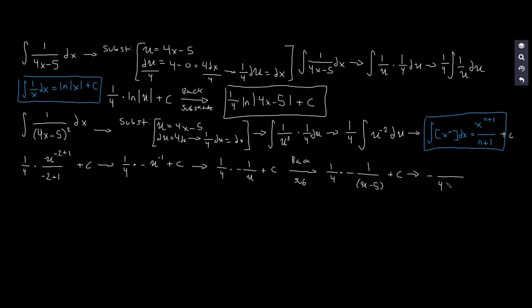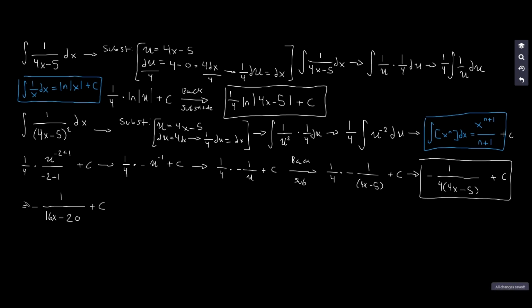Negative 1 over 4 times 4x minus 5 quantity plus c. And let's see, we could simplify that out further if we'd like to. The 16x minus 20 in the denominator there, and then a negative 1 up top plus c. All right, so these are two different representations of our answer here.